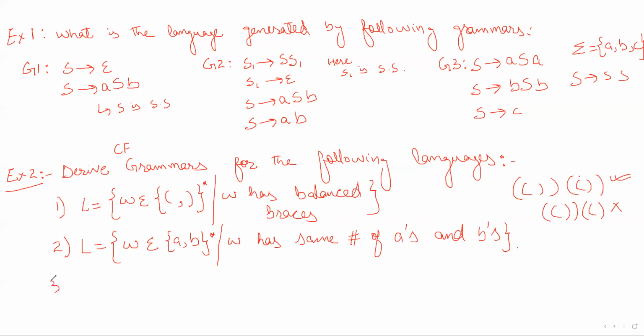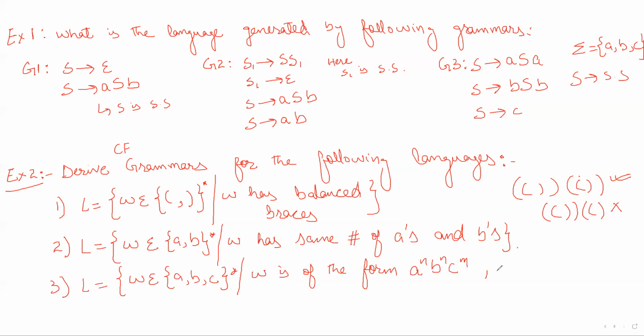Third is L equal to W belongs to {A, B, C} star such that W is of the form A raised to the power n, B raised to the power n, C raised to the power m, where n is greater than or equal to 0 and m is greater than 0. So that means the number of A's and the number of B's should be the same.